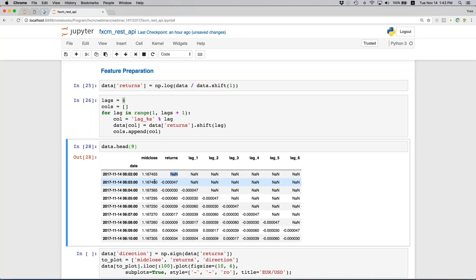And from 603, the first lag of 604 is exactly what we have at 603. Therefore, we get this here on a diagonal form, and this value on the other diagonal, and so forth, up, down, up, down. From this point on, we have, for the first time, 6 full lags, if you like.